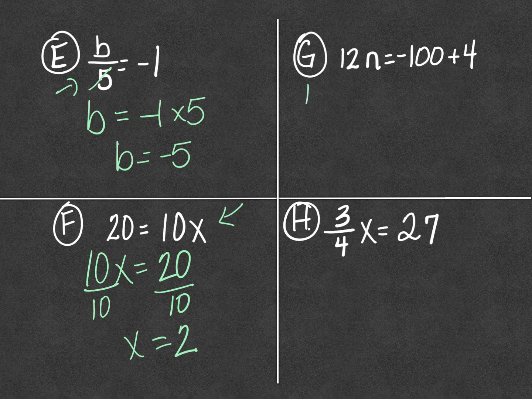Okay? Over here, up to G. First of all, I have to combine negative 100 plus 4, which when you have a negative and a positive, you are actually going to be subtracting, which would give you negative 96. So remember, when you're adding a positive and negative, you subtract and take the sign of the larger number, which would be a negative because 100 is a negative.